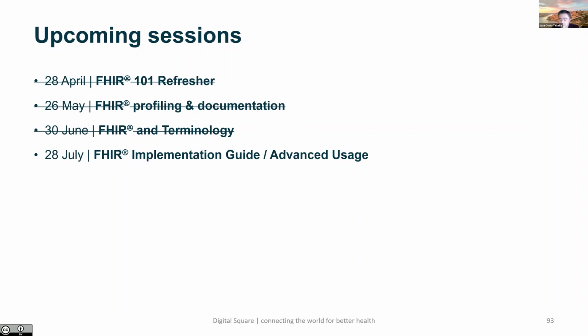As an agenda conclusion, let's say for today, just a reminder that this was the third session on FHIR enabling sessions. We have one next month on FHIR implementation guides and advanced usages. So we take the outcome of these three sessions. We take the basics of FHIR, we do a bit of profiling and how to do documentation and the terminology, of course.